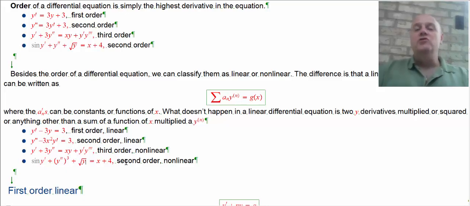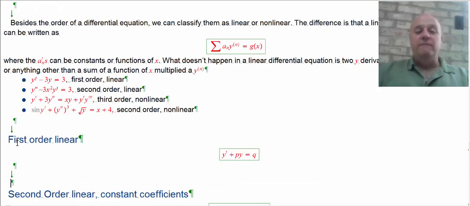Generally, linear is easier than nonlinear, and generally first order is easier than second order, which is easier than third order, etc. Here's a first order linear equation, in its general form. The highest derivative is 1, so I've got something times y prime plus something times y equals q. P and q both can be functions of x.